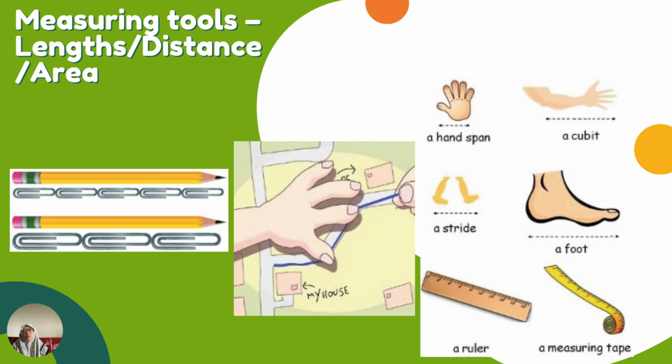But for a child who is, let's say, 12 years old and has grown taller, the stride will be bigger. So this is a ruler, then the stride, the ruler, and then that's the measuring tape. So these are measuring tools for length or distance, where you can find later the area and perimeter of a certain shape.